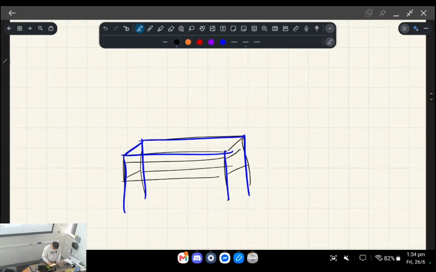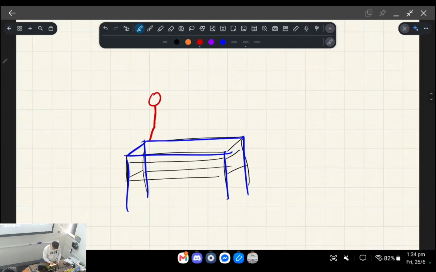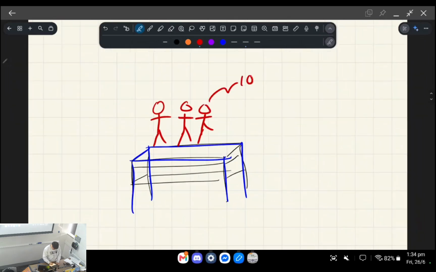You've got, say, 3 tradies on it, and each of these tradies weighs 100 kilos, just for the sake of argument. Now, you wouldn't design this structure to hold exactly 300 kilos of weight, because that's dangerous, right? What if one of the dudes jumps? Or what if a bolt isn't installed properly or something like that?